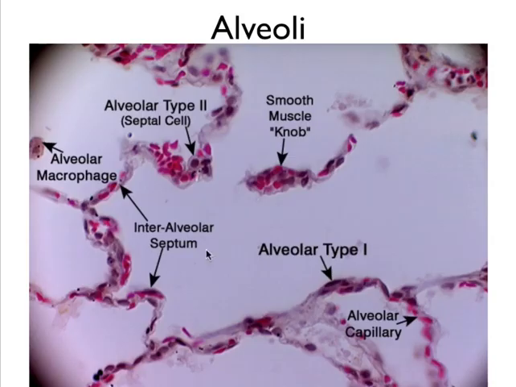So what does it look like under the microscope? Here you see the very thin walls of the alveoli with type 2 cells that are a little bit bigger, but also the very thin type 1 cells. You can also tell from this dark blue nucleus that it's a different type of cell.